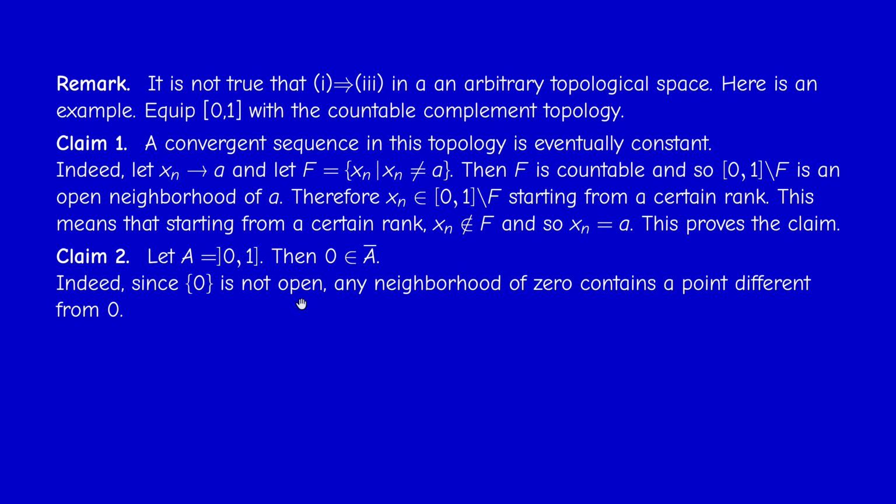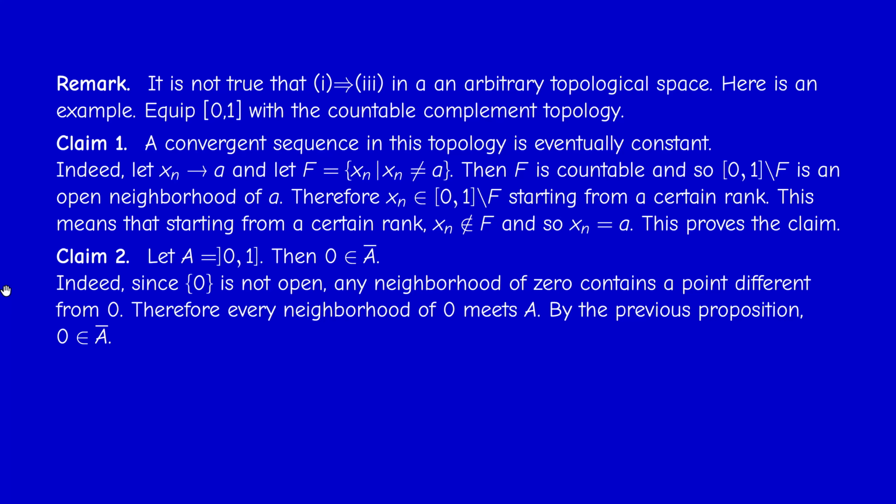Why? Because the complement of {0} is A, actually. So it's uncountable. So the singleton {0} is not open. Okay, it's not a surprise. So therefore, any neighborhood of 0 cannot be equal to {0}. So it contains a point different from 0. And therefore, it meets A. Right? Trivial.